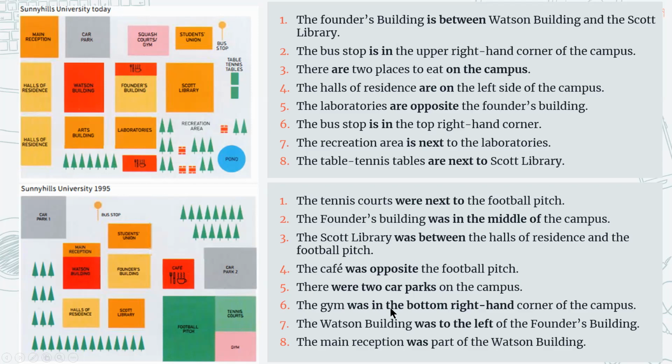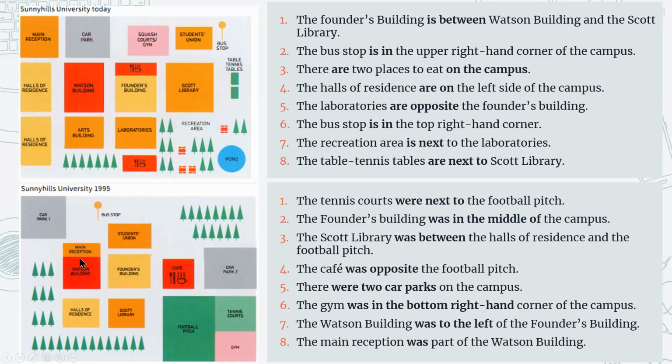The gym was in the bottom right hand corner of the campus. So this was the gym. Now it's replaced with the pond, right? The Watson building was to the left of the founders building. Where's the founders building? Yes, that's Watson building.